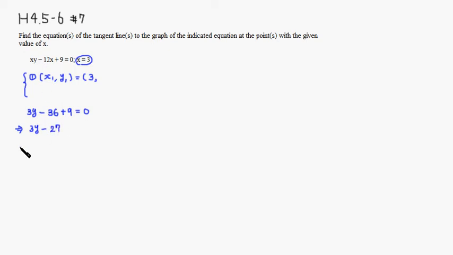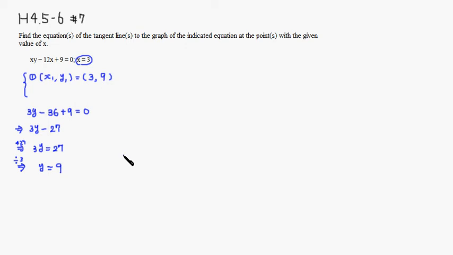Then we can just add 27 to get 3y is equal to 27, and then we can divide through by 3 to isolate y. So the corresponding y value is 9.